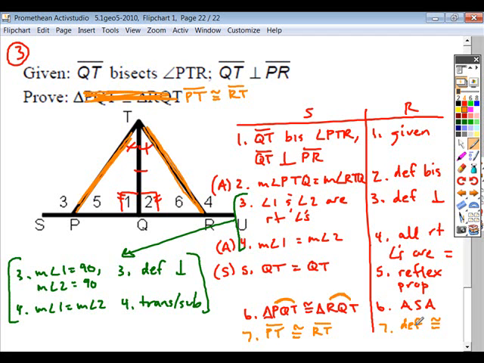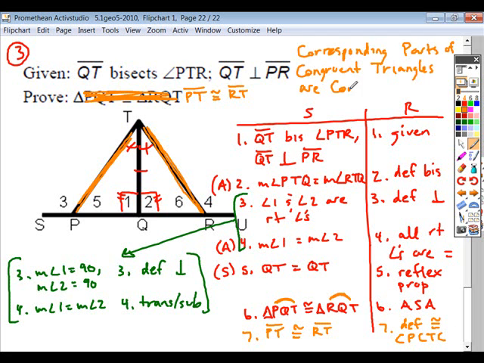The other way that you can justify this is to use the abbreviation CPCTC. And what CPCTC means is corresponding parts of congruent triangles are congruent. So C, P, C, T, C.